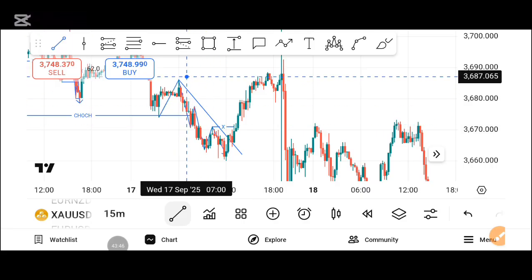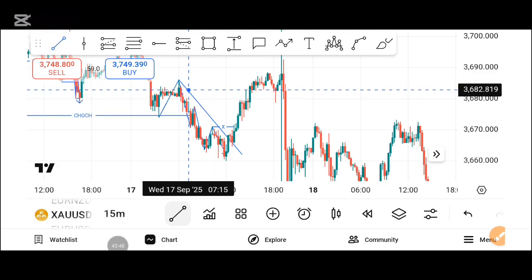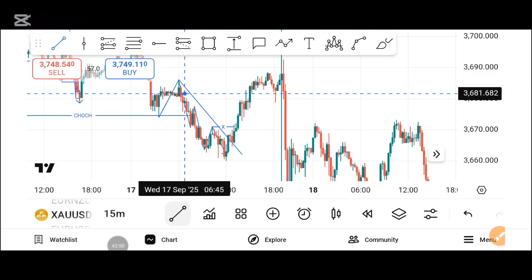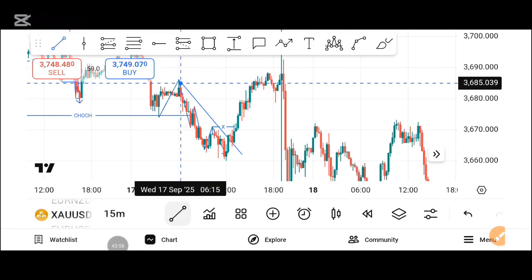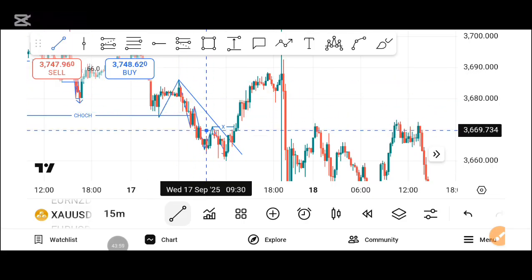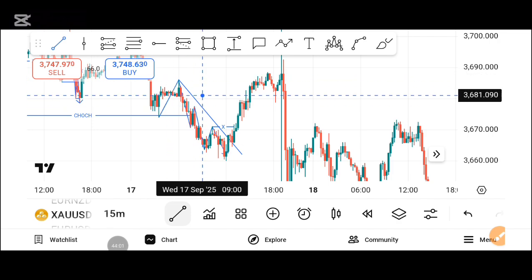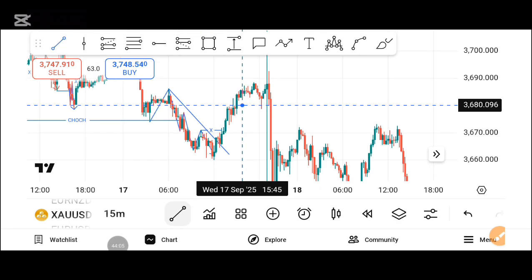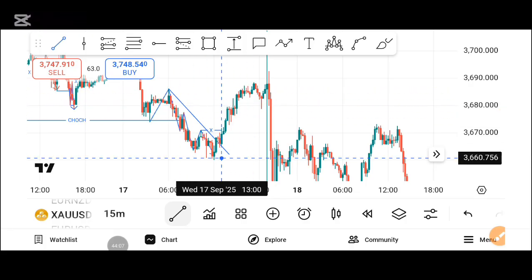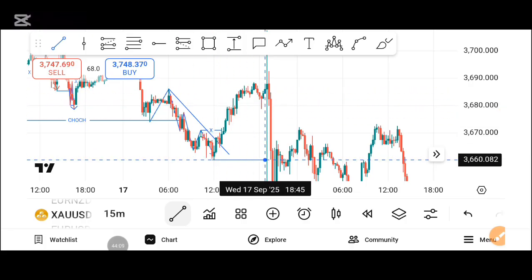So this acts as liquidity at this point. I have already explained what liquidity means. The inducement that was sitting here is now turned to liquidity. So you can see that the market came back and swept everything that was there and gave us a valid break in structure from this point.